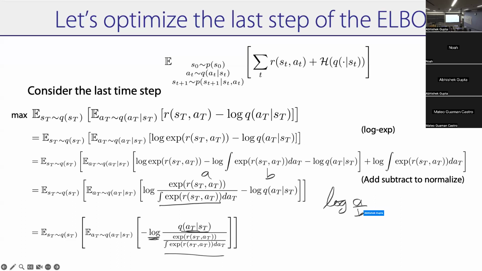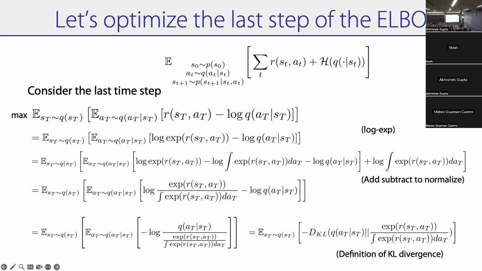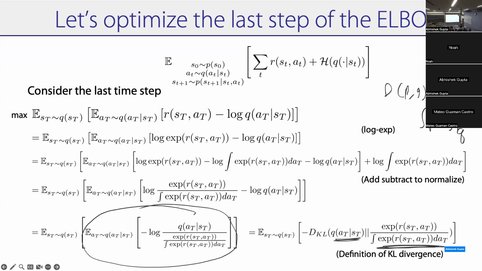And if you remember the definition of a KL divergence, a KL divergence between p and q is p log p over q, right? And so we can show that this expression right here is exactly the KL divergence between q and x bar divided by integral x bar, right? And so what this suggests then is what would the minimum q be?